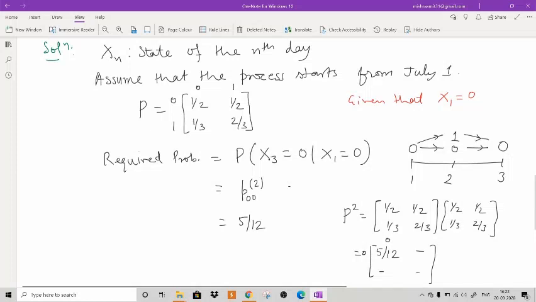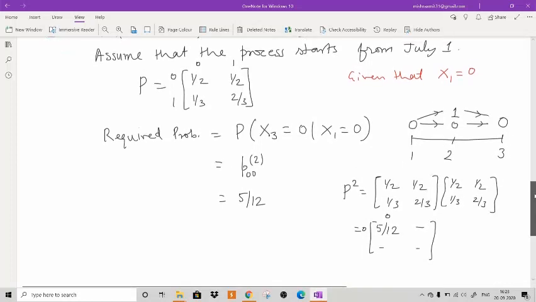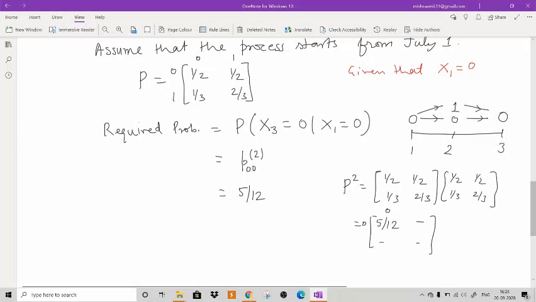And we know that if you want to find the two step transition probability, then we just find P square, and from P square you find the 00 element, representing movement from 0 to 0, which is the first element. So here in this P square I have just found the one element.